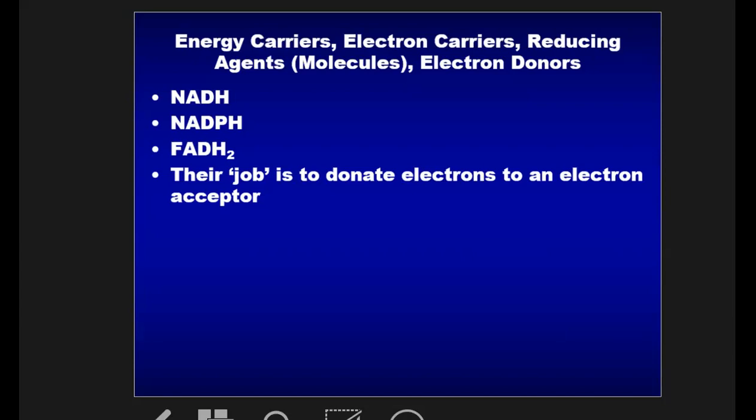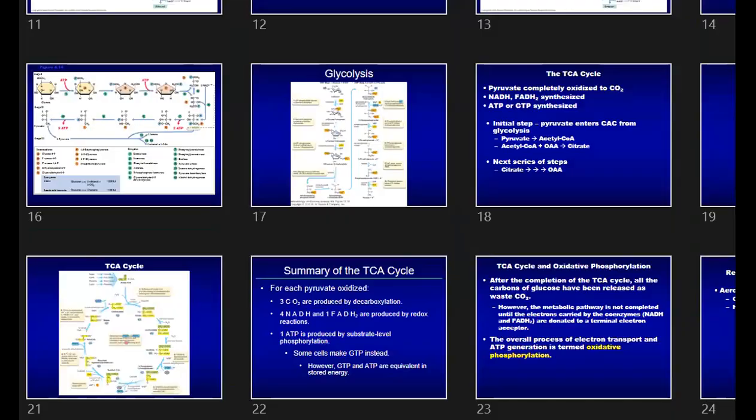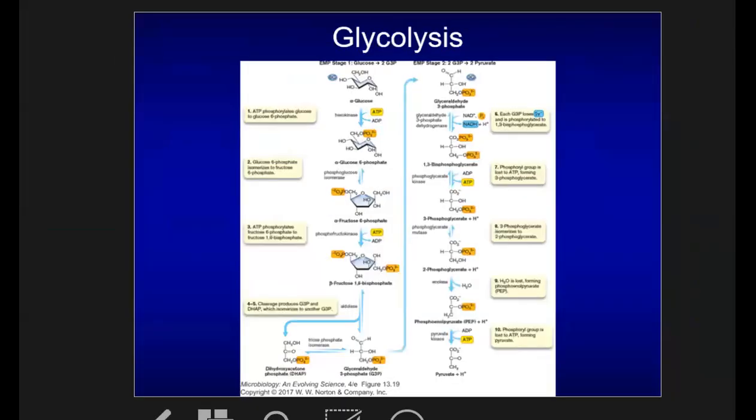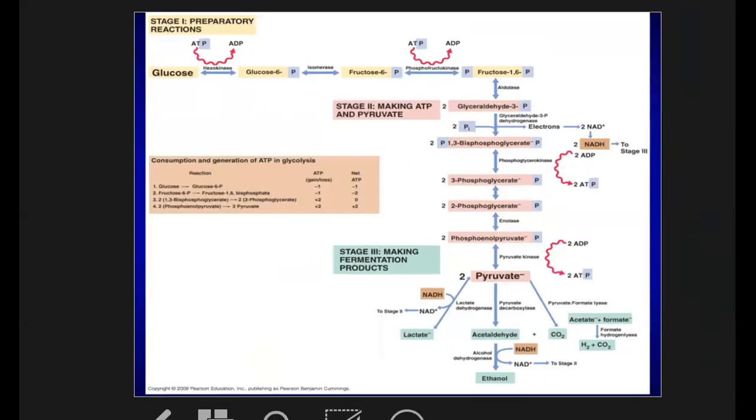So back in glycolysis, we see that it makes the NADH up top in stage 2, and then that can diffuse down to where pyruvate's doing its thing and it can help push those reactions. And then the NAD plus can go back. All right.